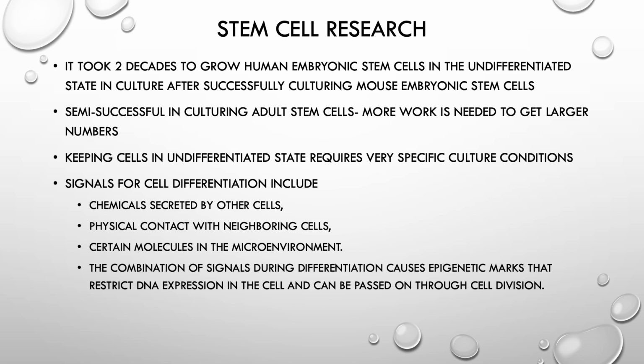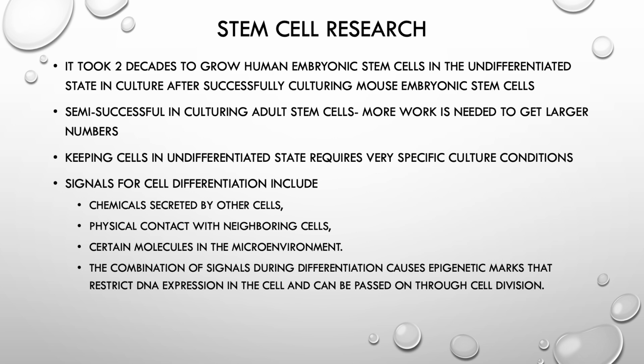Semi-success in culturing adult stem cells has been achieved, but more work is needed to get larger numbers. Keeping cells in an undifferentiated state requires very specific, very stringent culture conditions, more than you have seen in our lab.